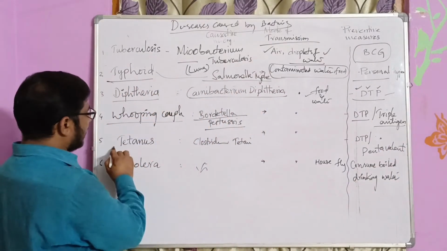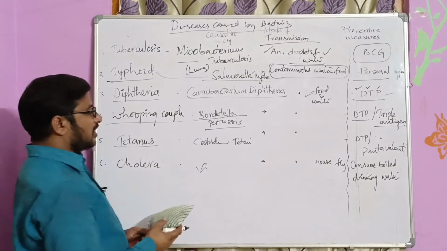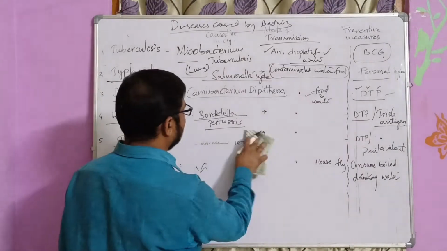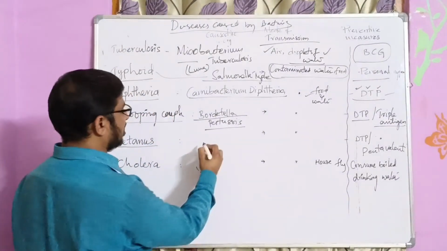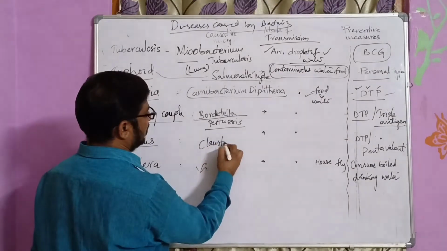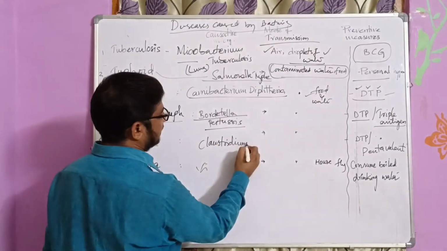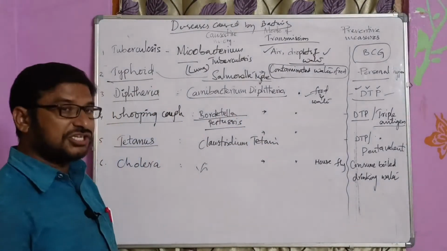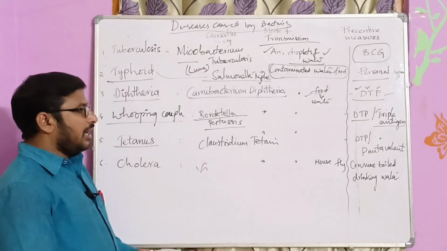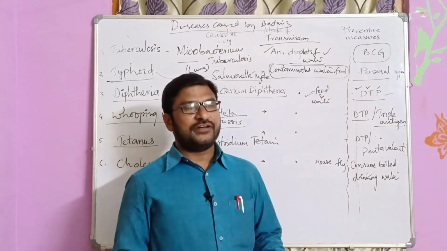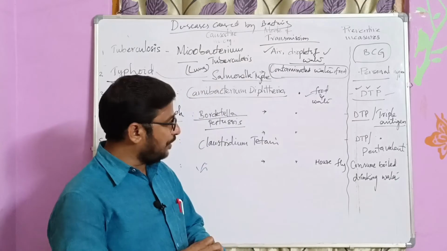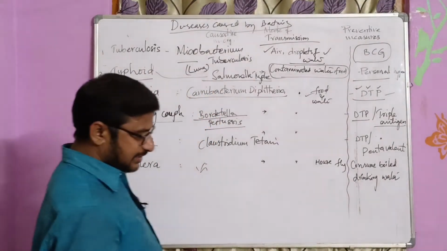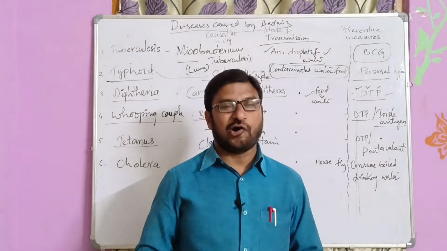Then the next disease is tetanus. Clostridium tetani is the bacteria which causes tetanus. It mainly affects the muscles especially, and this bacteria is present in the soil.